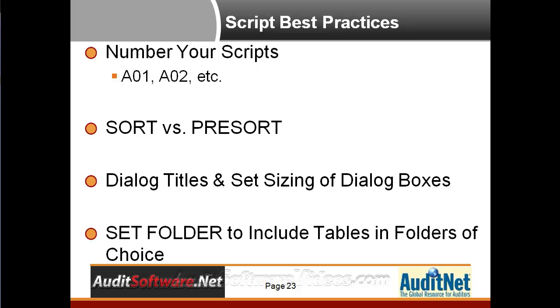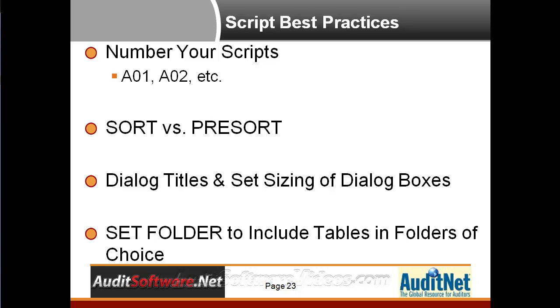Another thing is sorting versus pre-sorting. If you're working with smaller files, I find there is no difference between sorting and pre-sorting. However, if you are working with very large files, I would urge you to move more towards sorting the file first and then running a command without pre-sorting.